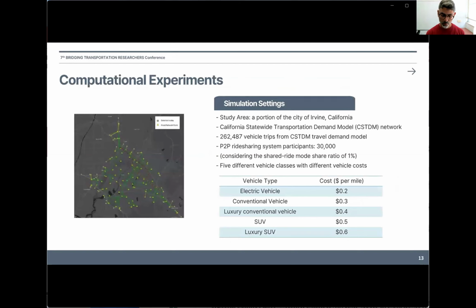In our computational experiments, we applied the model to a real-world scenario in Irvine, California. Using the California statewide transportation demand model, we simulated a small-scale peer-to-peer ride-sharing system with 3,000 participants. Various vehicle classes and costs were incorporated to reflect realistic operating conditions.